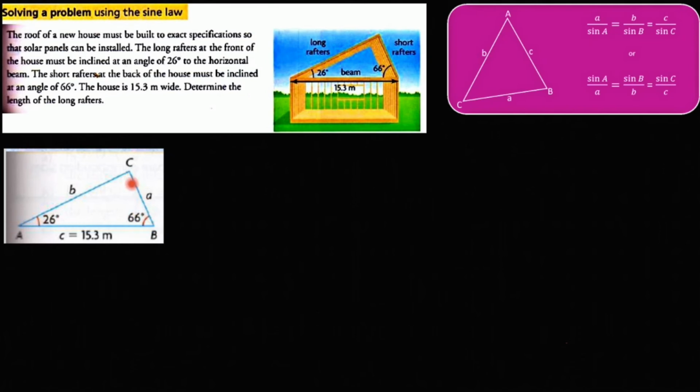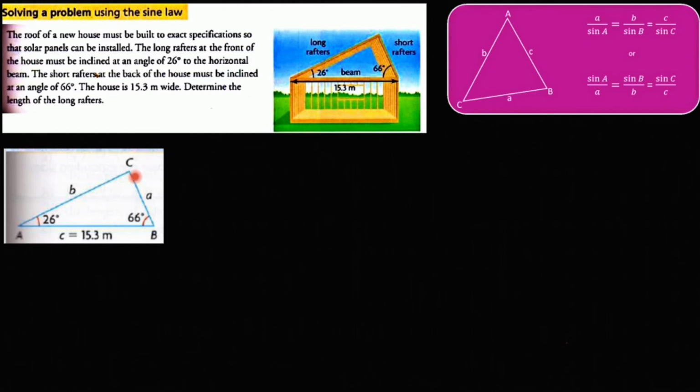So it's not a right triangle, so we use sine law. So this B is opposite to the 66, right? So we find out the B. And then this C, we know the C equals 15.3. If we know angle C, we can use B over sine B equals C over sine C, right?